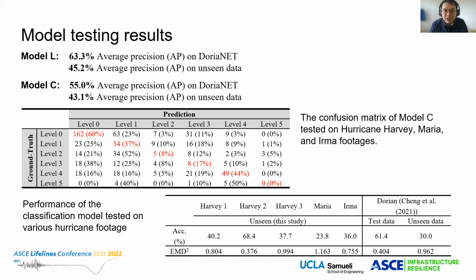Results contain a wide range of values obtained from both metrics. And these performance measurements are slightly lower than, but relatively similar to, the testing result on the training footage, which indicates that the model has good generalizability across disaster events and locations.